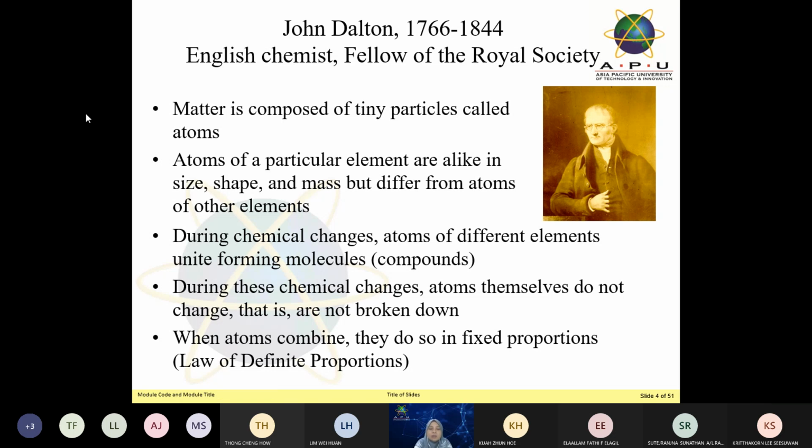Just now I mentioned, for example, two chairs made from different elements or materials. When you look at the chair, the shape is the same. They have four legs, and the design might be the same. But the material, one is wood, and number two is stainless steel.